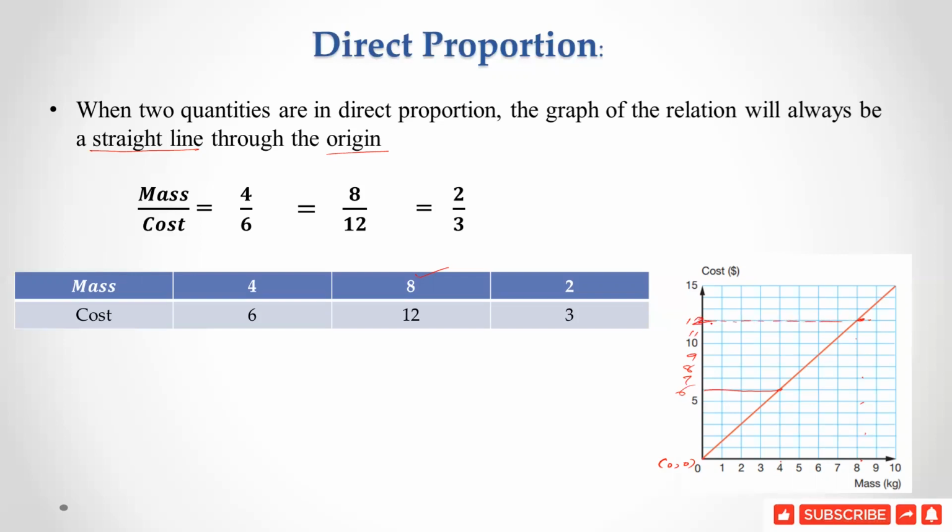When we join these two points, we get a straight line, and this straight line passes through the origin. That's why we can say that the mass and the cost of the given apples are in direct proportion.